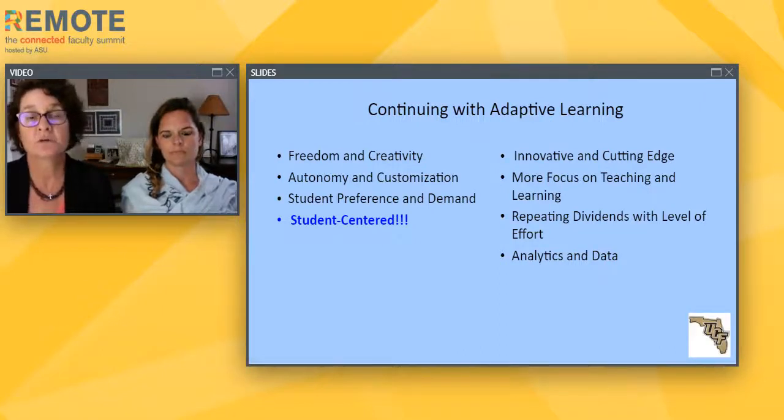This allows us to focus more on our teaching and on our students' learning. And it also allows our students to focus more on their learning. They don't have to get caught up in technical problems and trying to navigate the system. They don't have to slog through dozens and dozens of activities on concepts that they have already mastered.